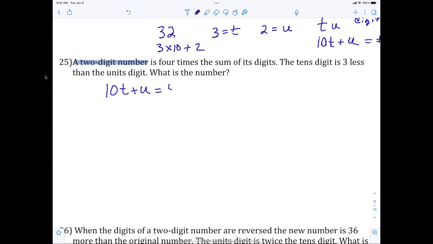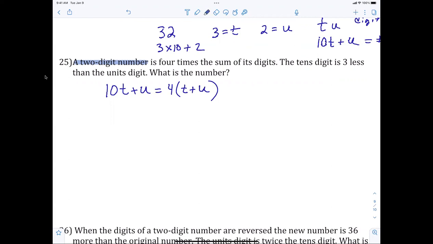You are amazing, except we're not going to use x and y. You are great. So that's the first one. Come on, guys. I just don't think that's that hard. A 2-digit number, 10t plus u, is 4 times the sum of the digits. Everybody good?